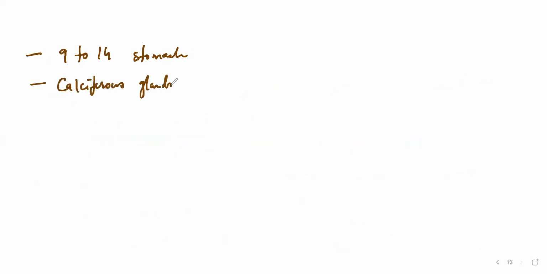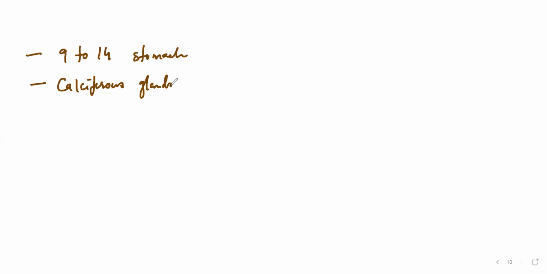Then the next one is, from 9 to 14, the stomach. In this, there will be calciferous glands. What is the use of this calciferous gland? Glands secrete something, right?